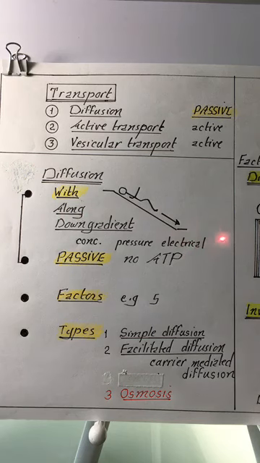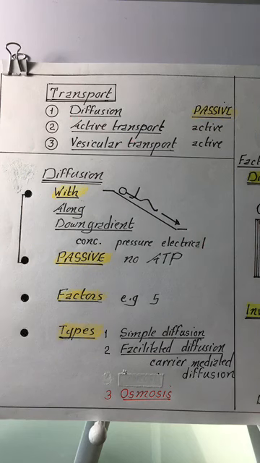So we have 3 types of gradients. For solutes, concentration. For gases, pressure. For ions, electrical. Sometimes the ions diffuse along both the concentration gradient, from higher concentration to lower concentration, and again with the electrical gradient.